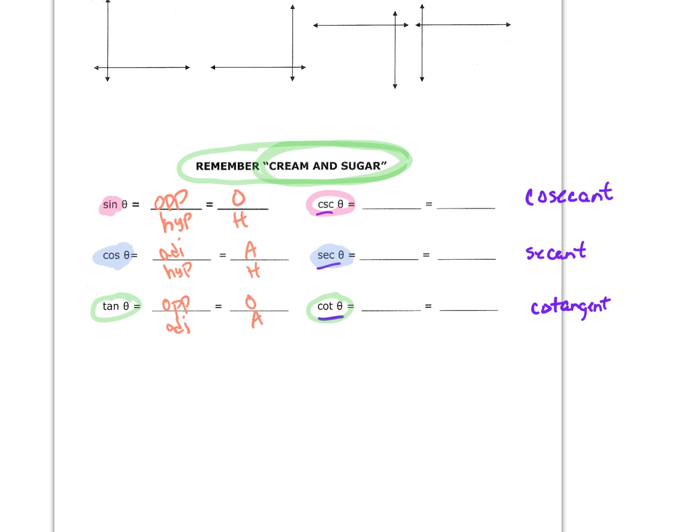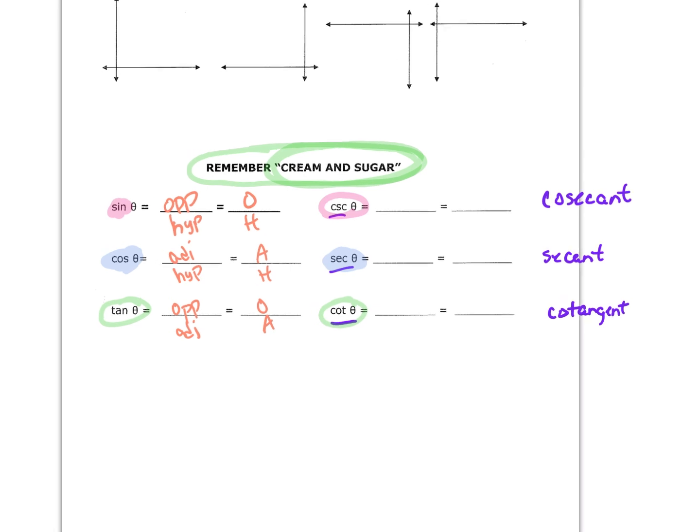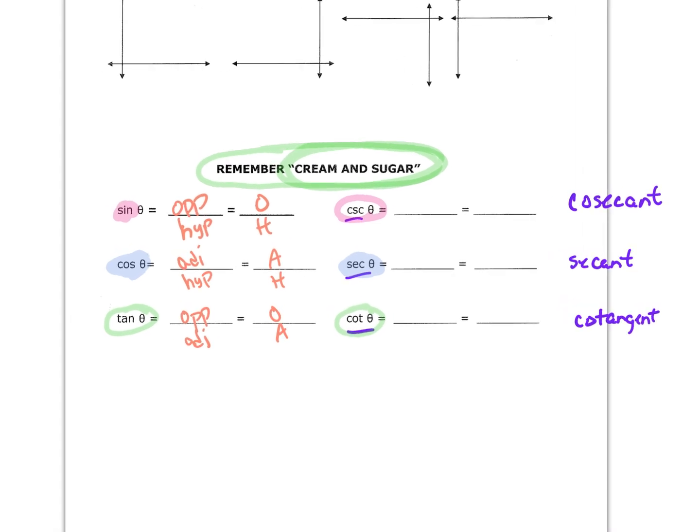I'm going to show you how we're going to do this. For me personally, I do not have memorized the fact that the cosecant is hypotenuse over opposite. What I know is cosecant's the reciprocal of sine, and I know sine is opposite over hypotenuse. So to figure out what my cosecant is, I'm going to flip it.